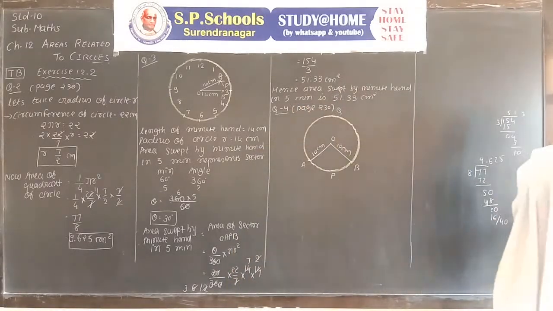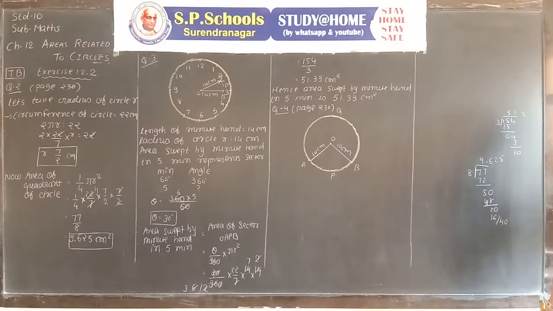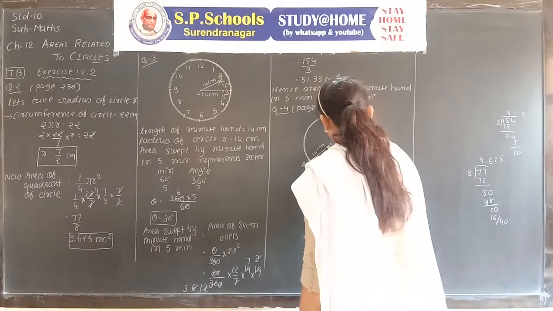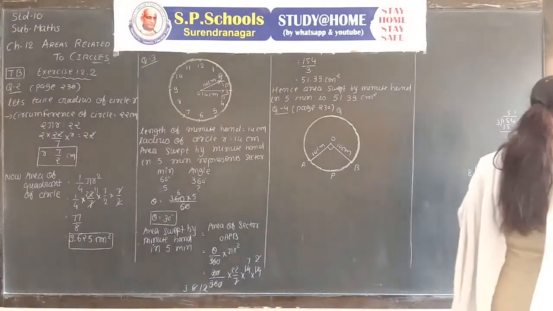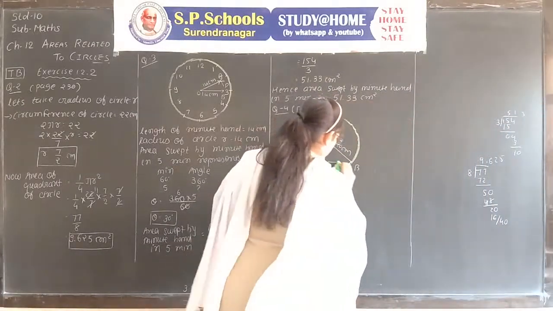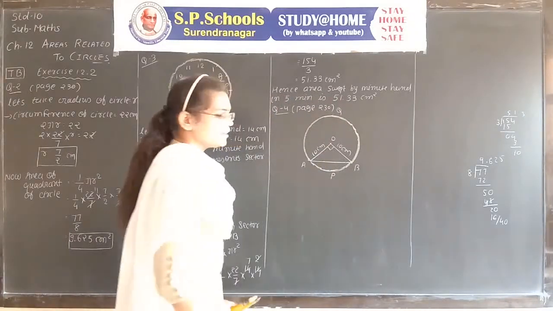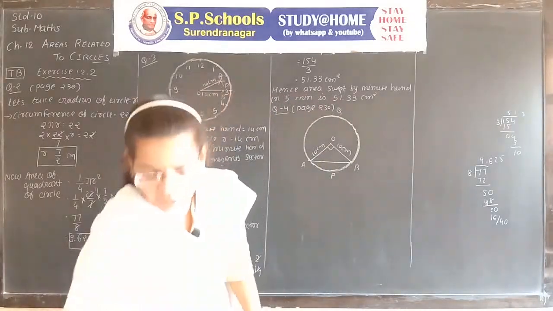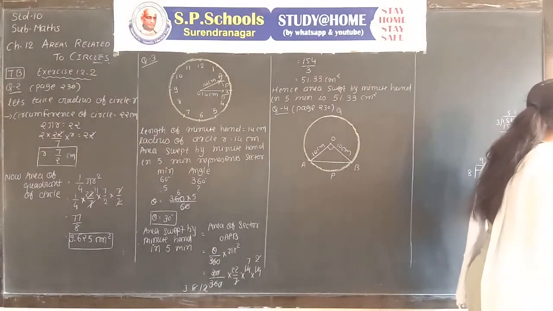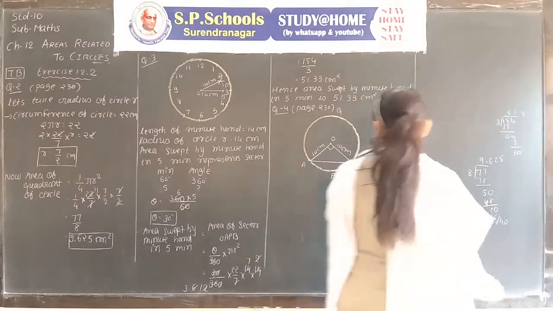A chord of a circle of radius 10 centimeter subtends a right angle at the center. Angle O is 90 degrees. AB is the chord. Joining AB represents the chord that makes an angle of 90 degrees. Here what we need to find? First is the area of the minor segment.